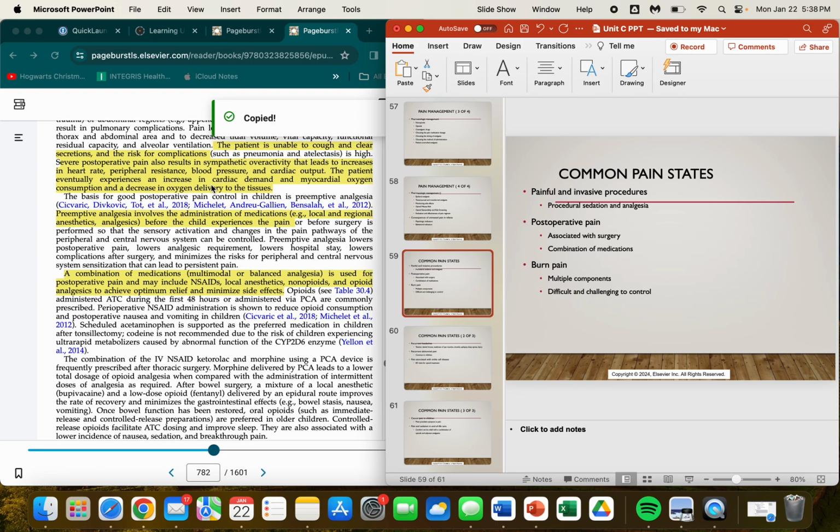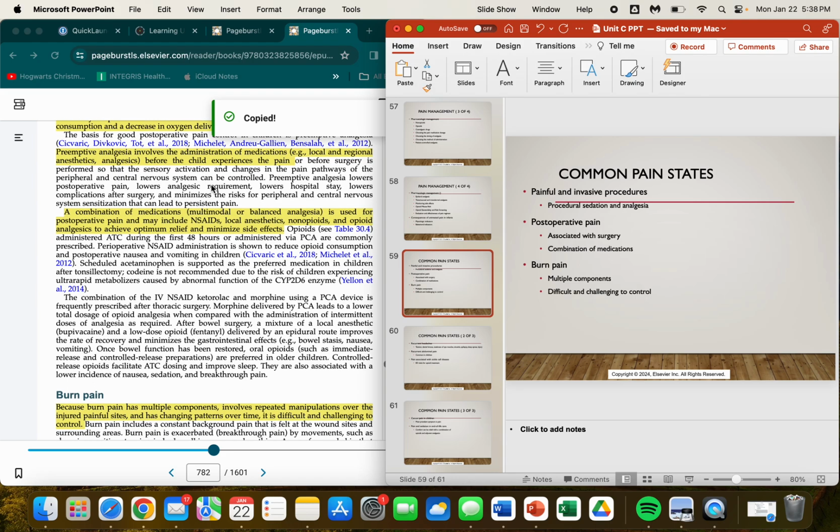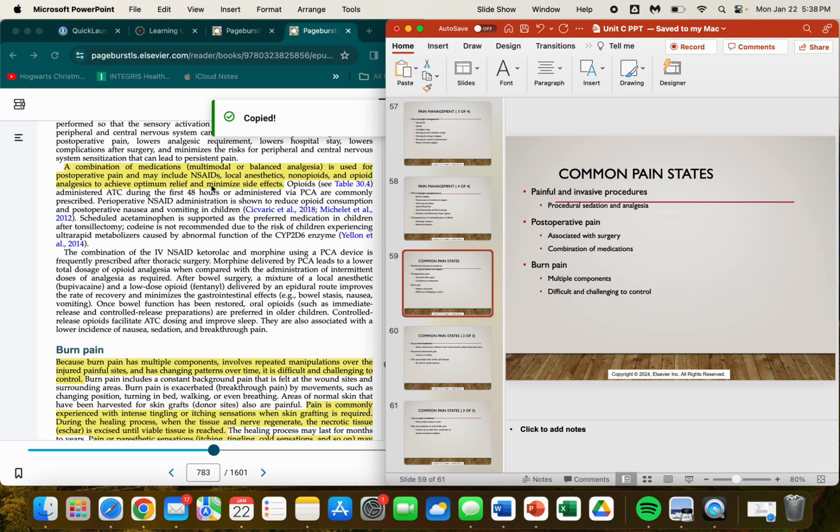So it could potentially affect our bodies to have more oxygen demand in the long run if we don't get on top of that pain. That's preemptive analgesia: the administration of medication before the child actually experiences the pain, getting ahead of it before it gets too bad.